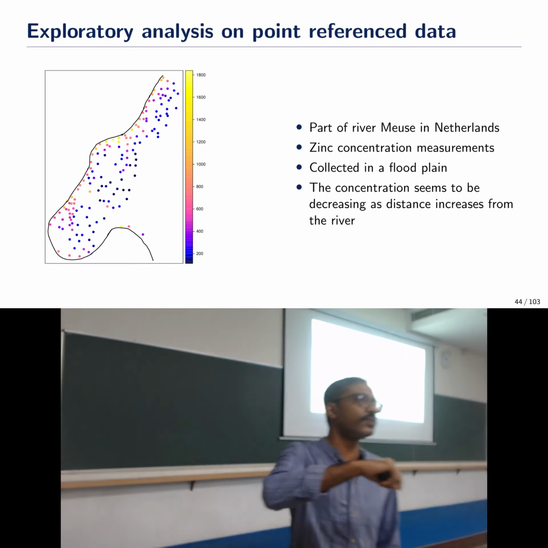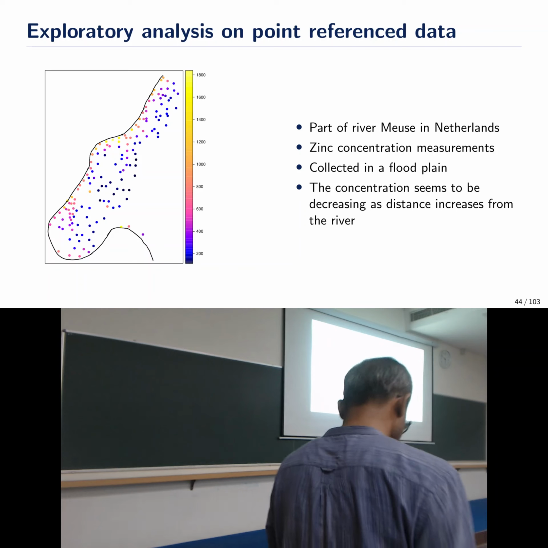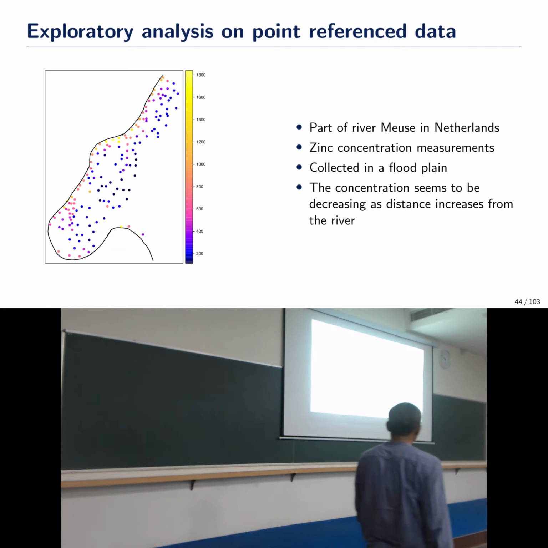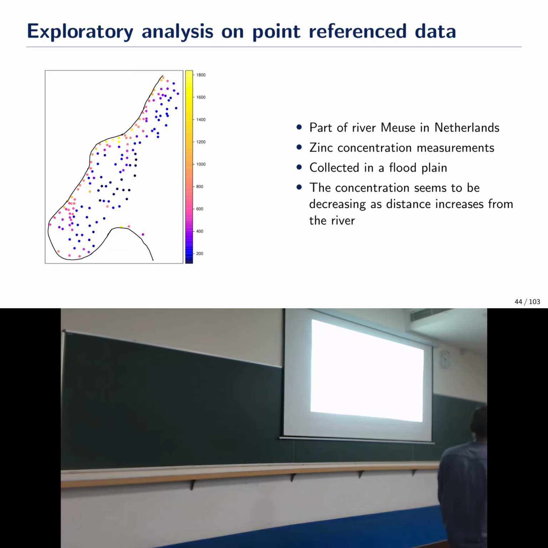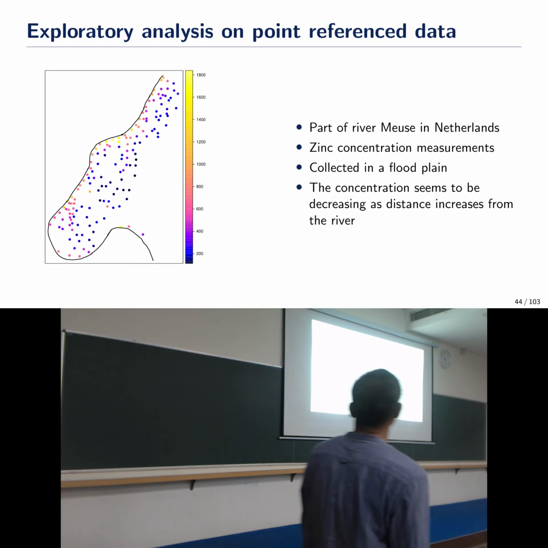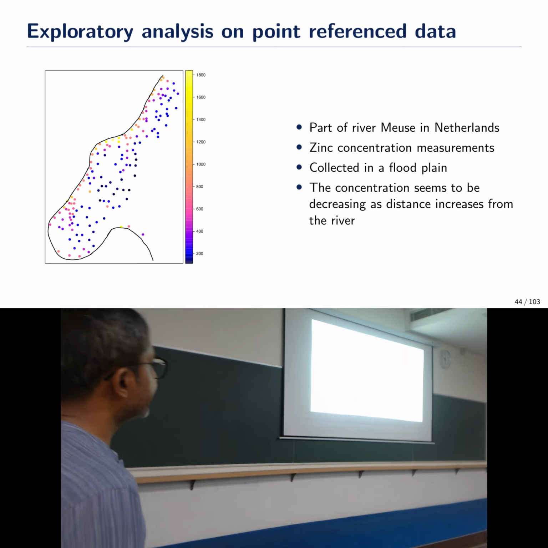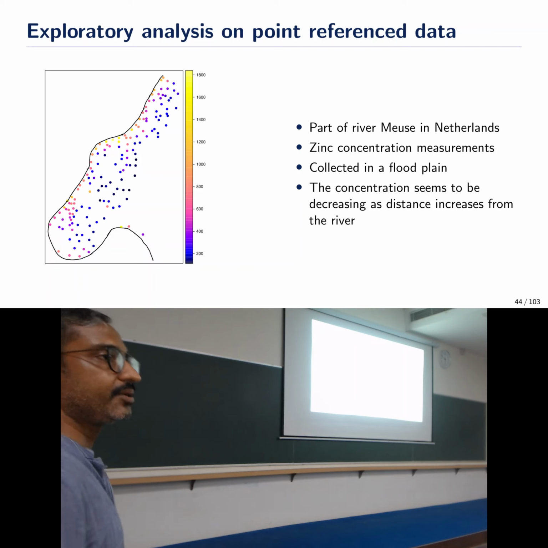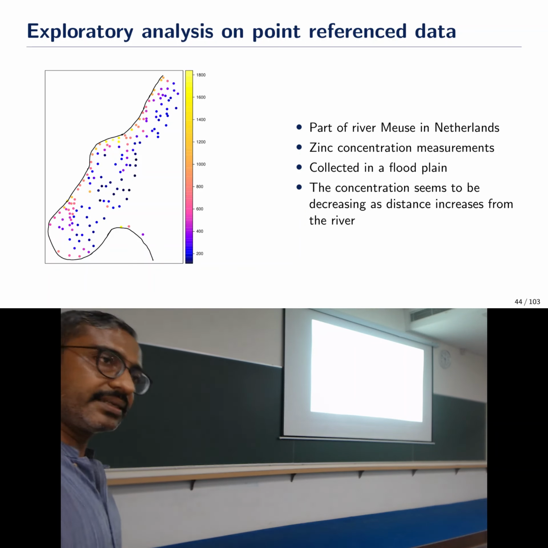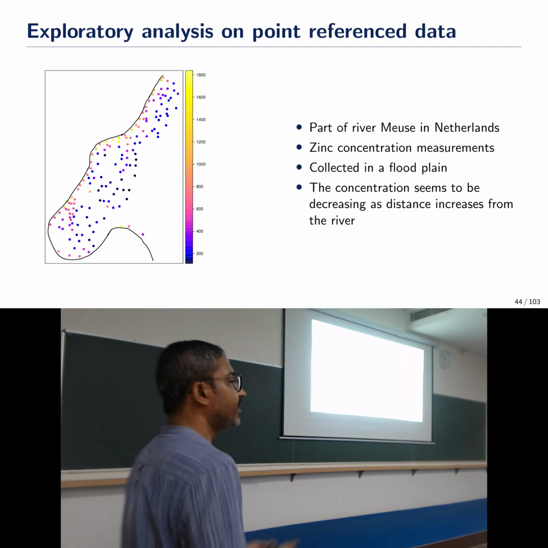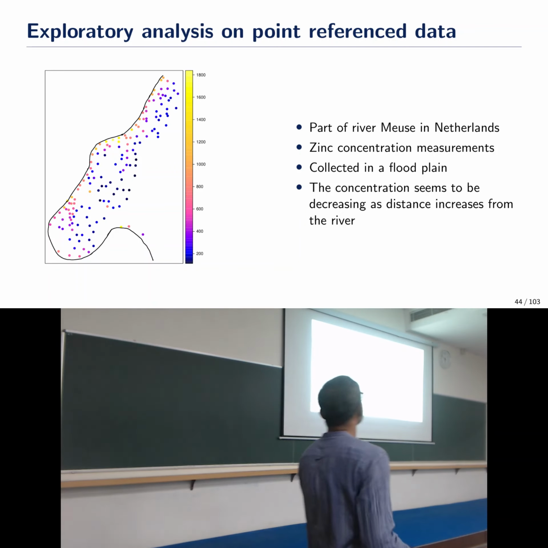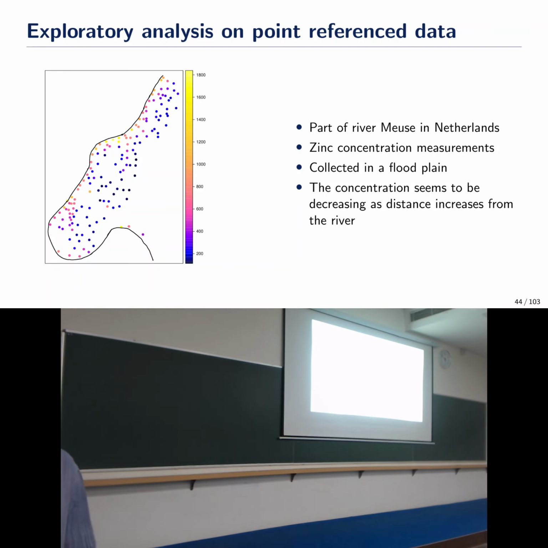The person who did this analysis, I forgot his name, did it in 1996 most probably. He collected this data set and noticed that, and then tried to analyze it. So then what do you do?